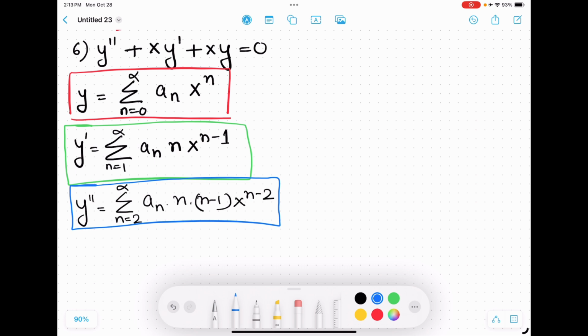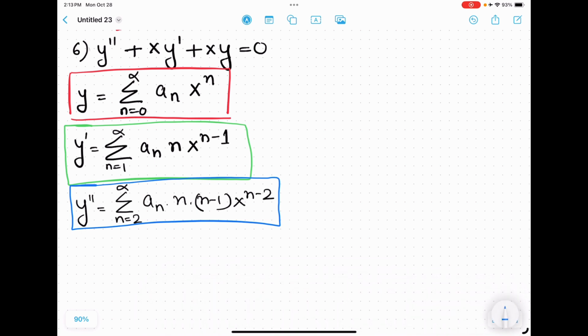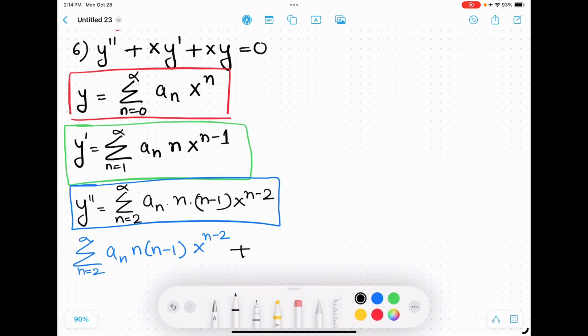So these are our power series representations. Now we are going to substitute that into our main equation. First we have our y double prime, so let's write that: the sum to infinity of a sub n times n minus 1 x to the power n minus 2. Then I have my plus, and then there's an x, and then I have my y prime, so we have from 1 to infinity a sub n times x to the power n minus 1.